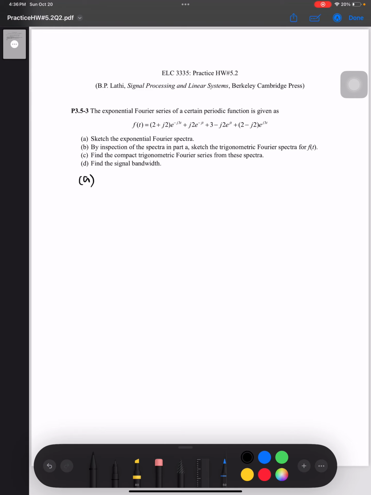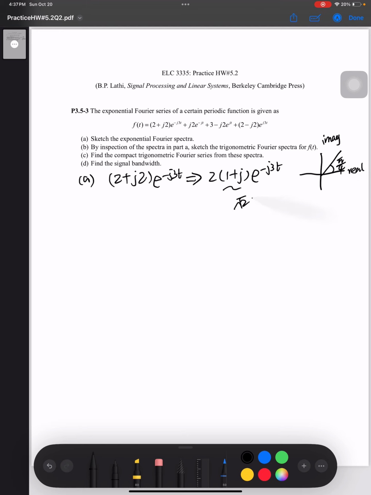So for the first term, 2 plus j2 times e to the j3t, we can get 2(1 plus j) times e to the j3t. For this part, if we plot the coordinate, this is real, this stands for the imaginary part. 1 plus j means here this is pi over 4, so this equals square root 2 times e to the j pi over 4.